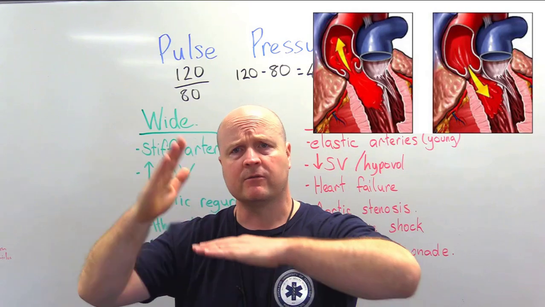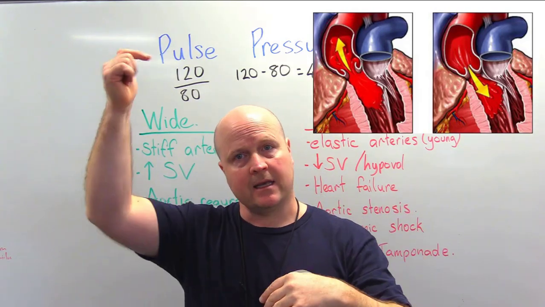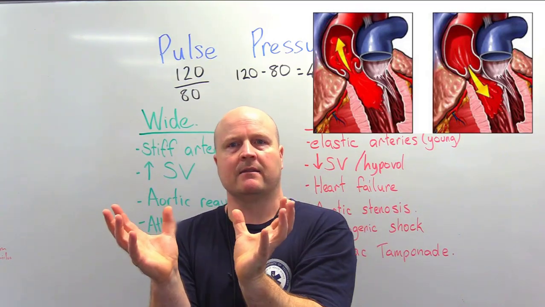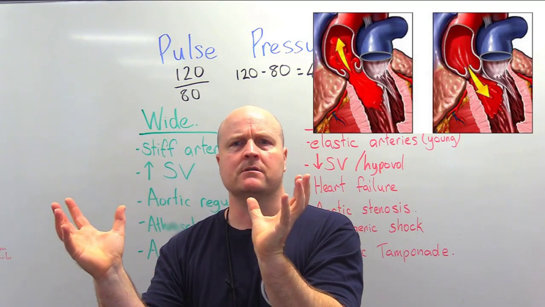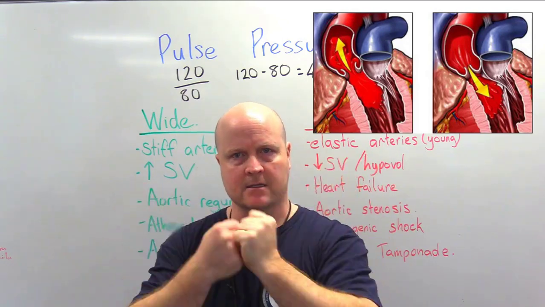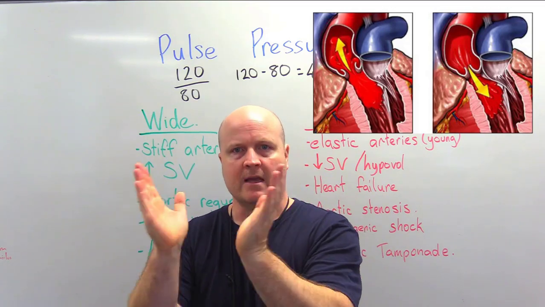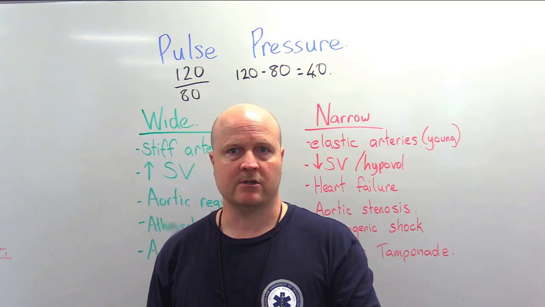But instead of the valve shutting and sealing off nicely, it allows some backflow of blood into the left ventricle. This is going to increase blood in the left ventricle, so preload, and the left ventricle stretches, and just like stretching a rubber band, the more you stretch it, the more it's going to snap back. So with aortic regurgitation, we get more of that snap back and a higher systolic blood pressure with each contraction.